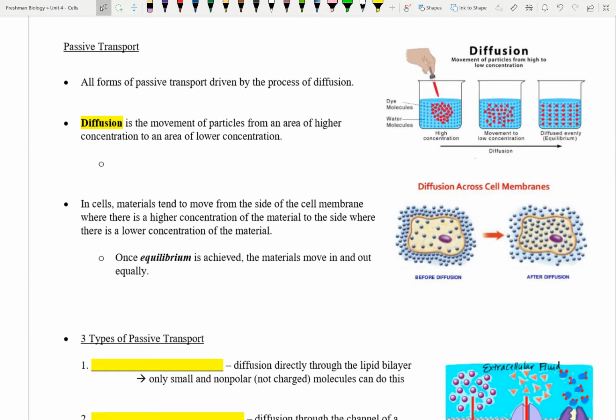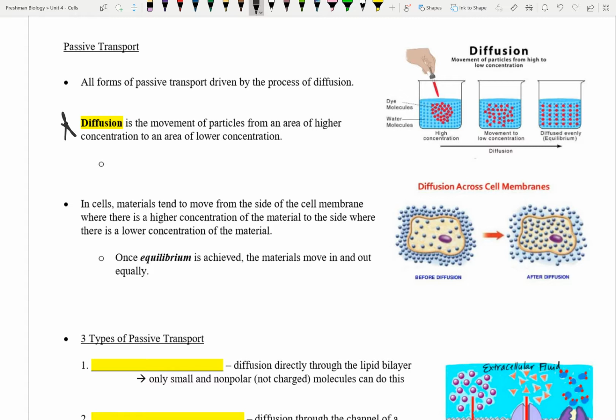So passive transport, or things moving across the membrane without the cell using energy, is always going to be driven by diffusion. So we need to go over what diffusion is, because diffusion isn't something that just happens in cells. It's a broader term.